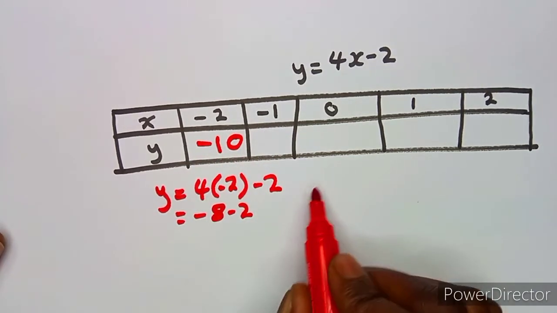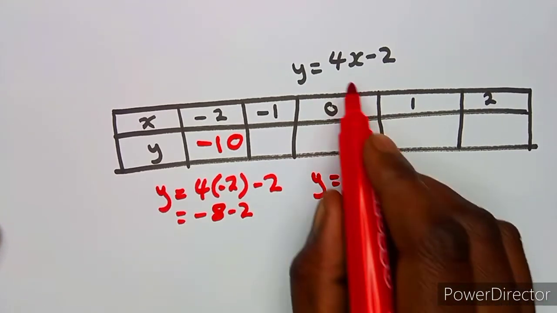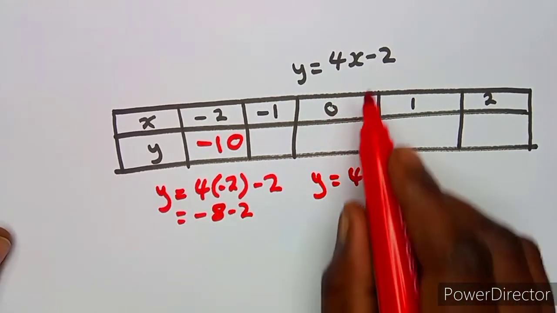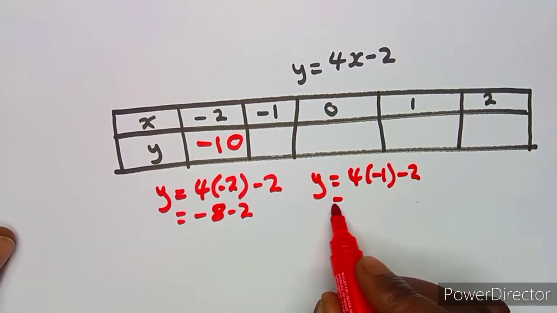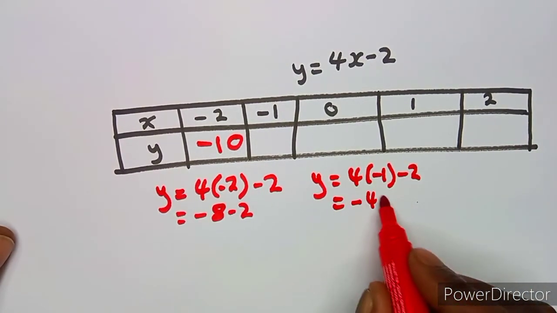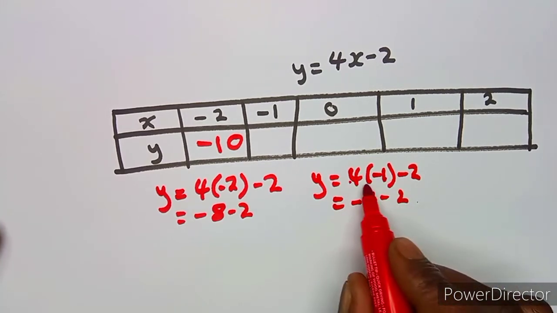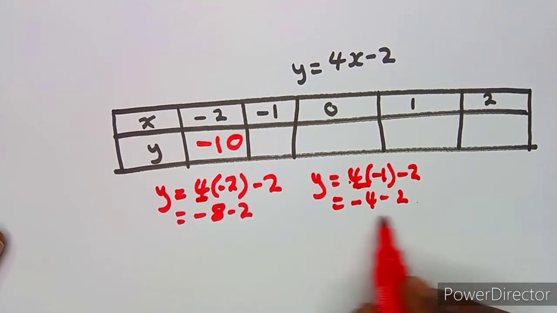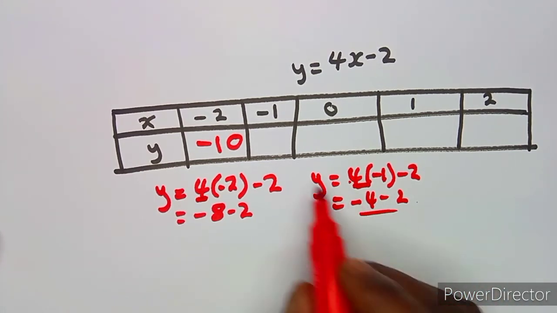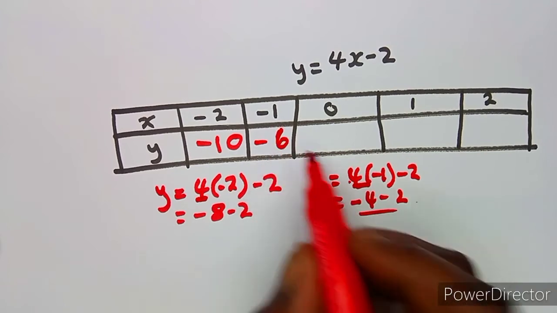Okay, we move on when x is -1. Substitute the value of x, which is -1. So it's 4 into -1 minus 2. So it's going to be -4 minus 2. Remember, BODMAS, brackets first. Simplify brackets first. So -4 minus 2, which is going to give us -6.